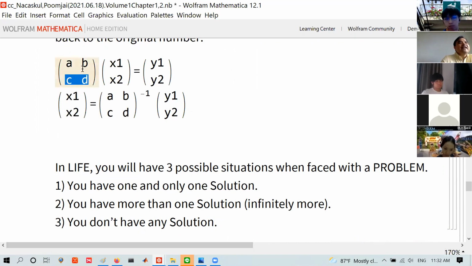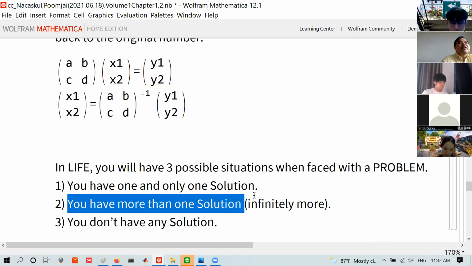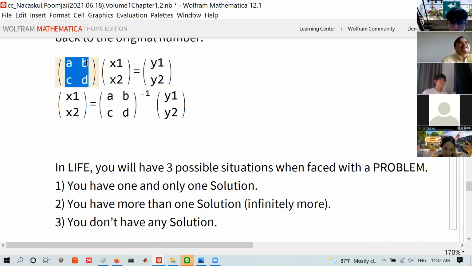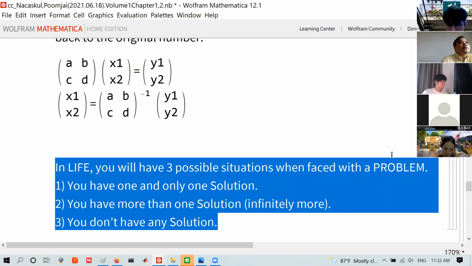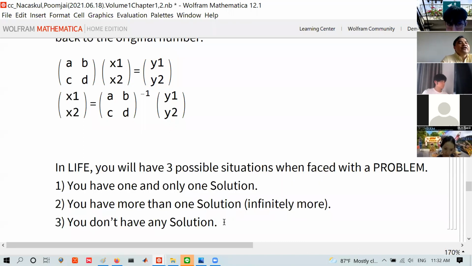If C and D is a multiple of A and B, and Y2 is the same multiple of Y1, then you have infinitely many solutions. But if C and D is some multiple of A and B, but Y2 is not that same multiple of Y1, you get a conflicting situation. You don't have any solution.